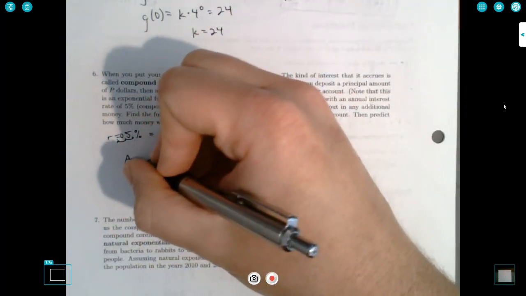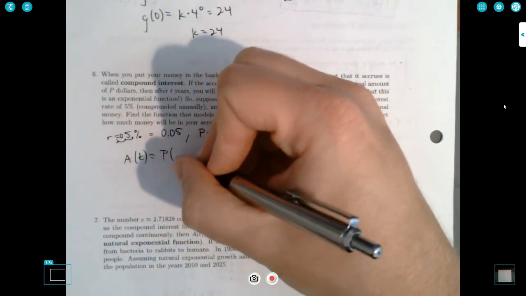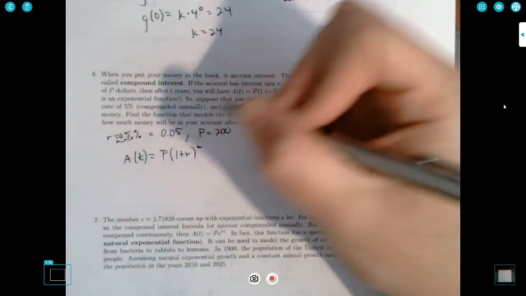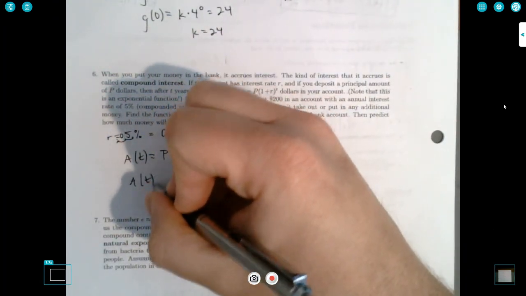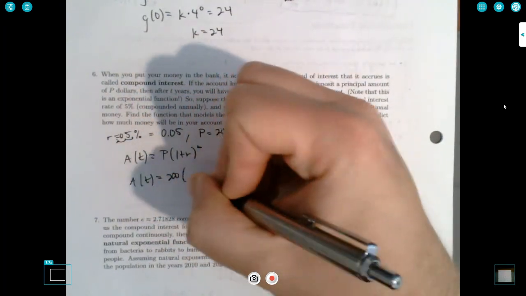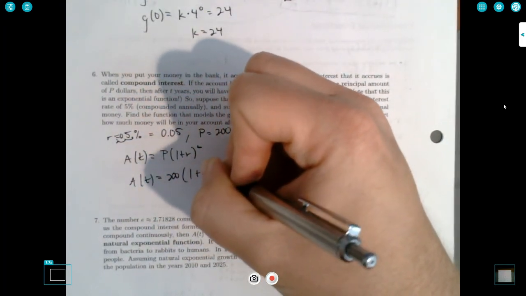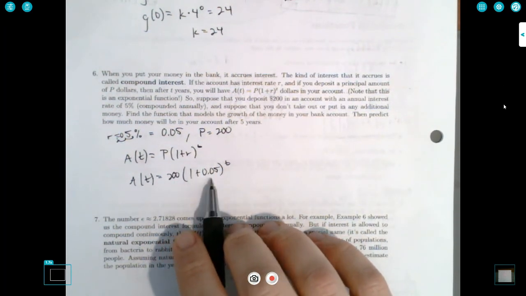So A of T is going to be P times 1 plus R to the T. So A of T is 200 times 1 plus 0.05 to the T. And you can add that: 1 plus 0.05 is 1.05.